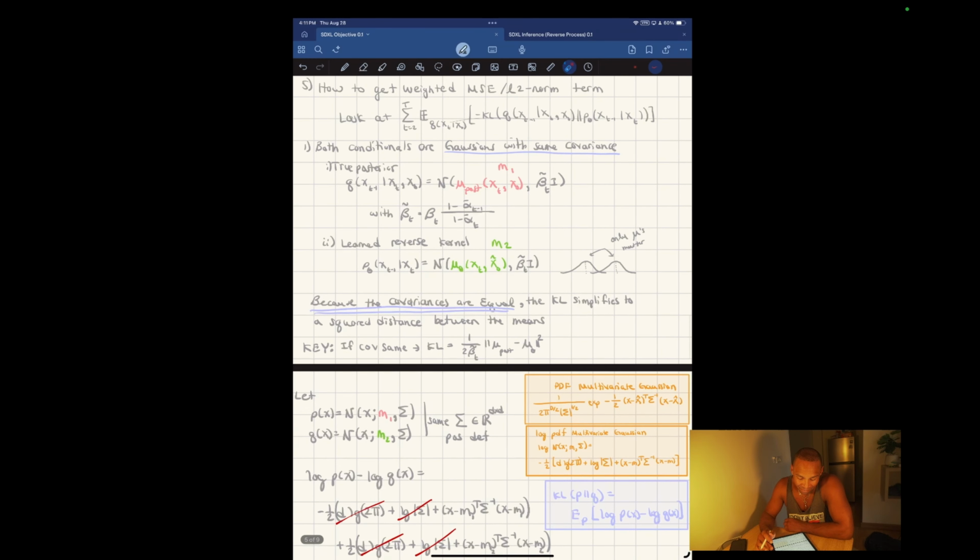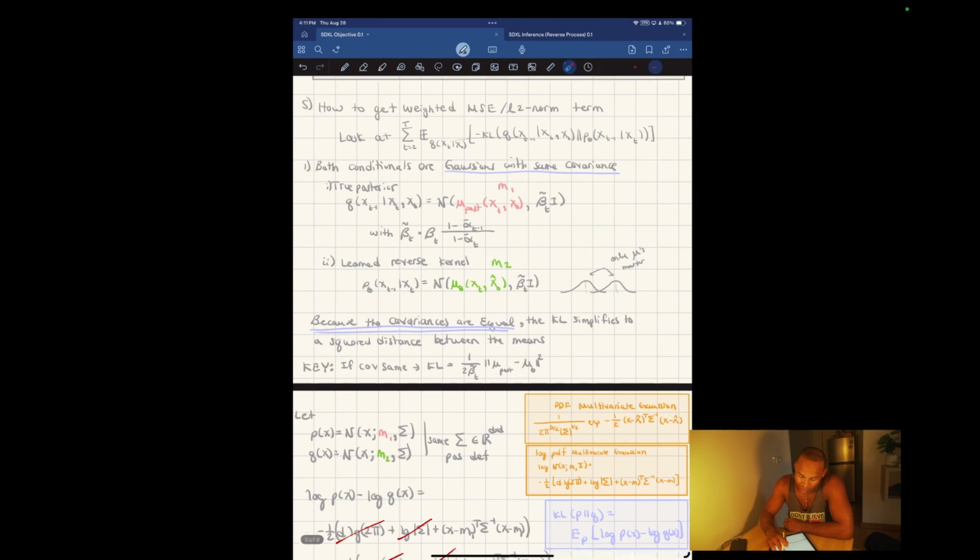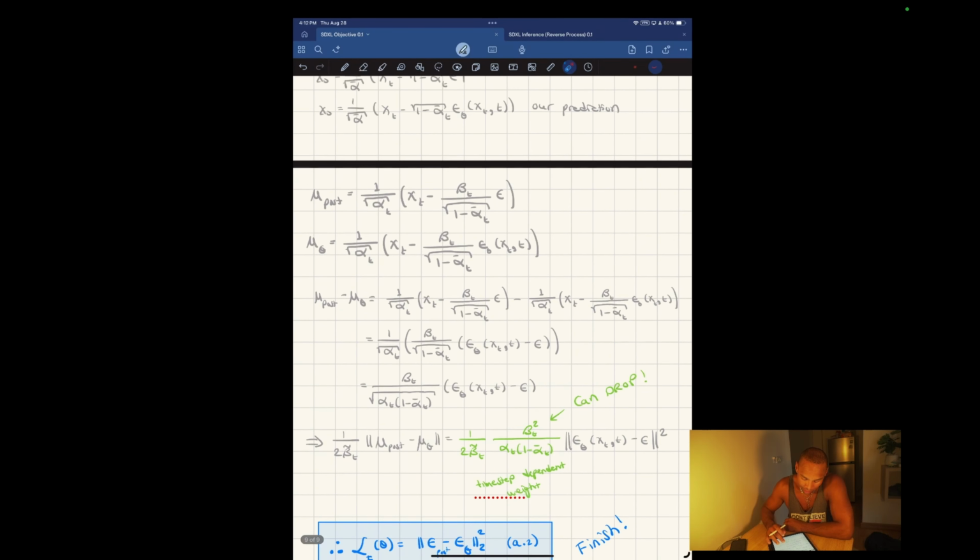So, okay. This is the true posterior. And these are the parameters of the Gaussian. We have this mean that we've defined. I'm not writing it out here, but we do have the closed form solution of this mean. I'll just show you really quickly. It's down here. We got that from the second video as well, both of these.